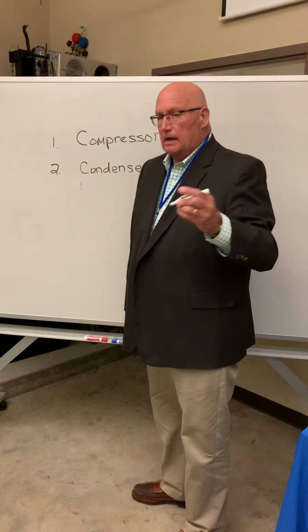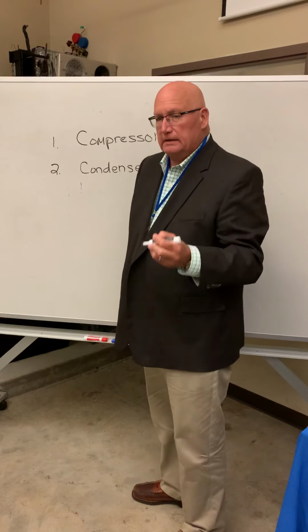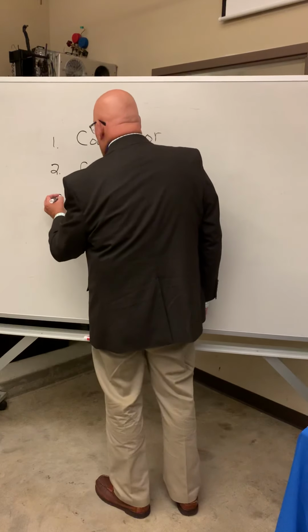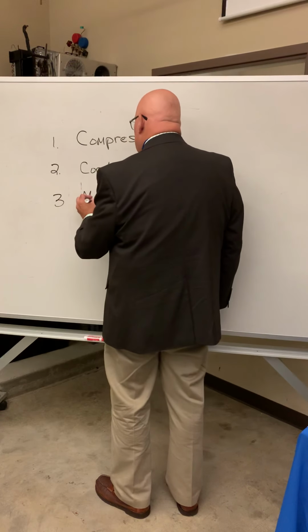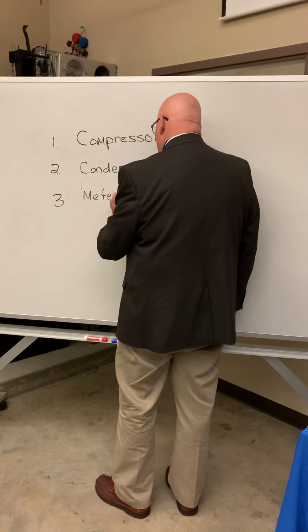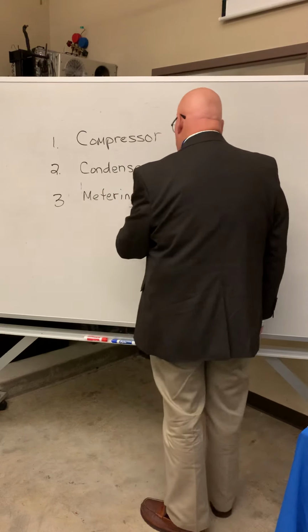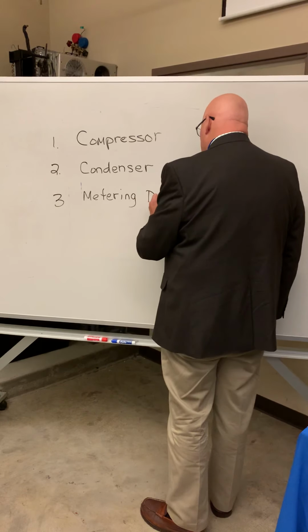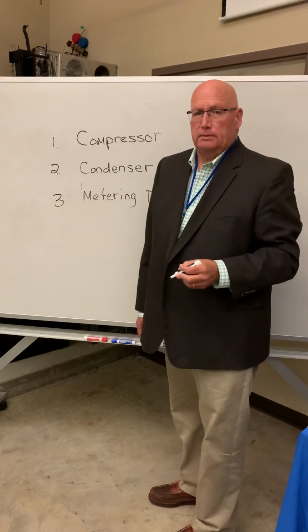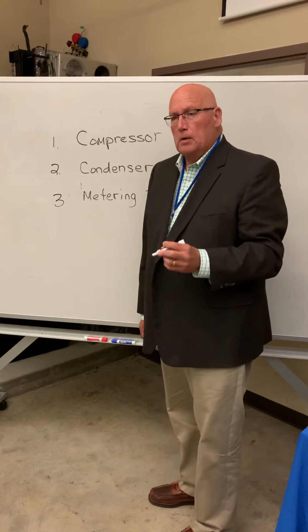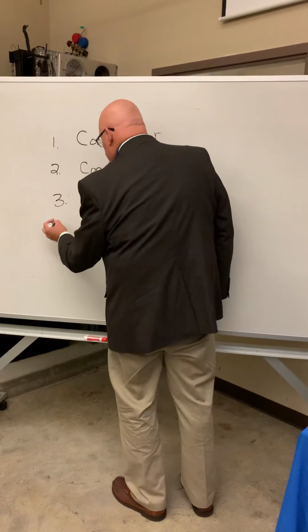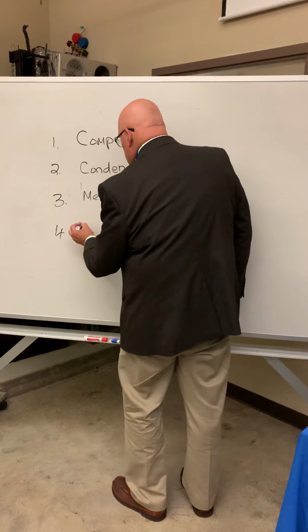The third stop, after passing through the condenser, is going to be to the metering device. And the last stop with the 4 basic components of this system is the evaporator.